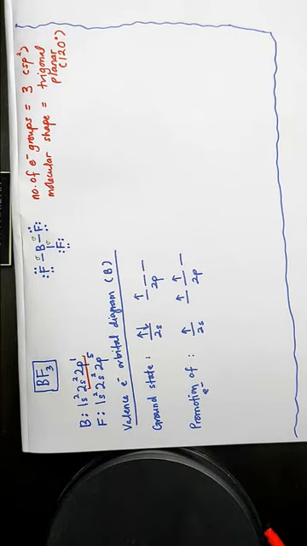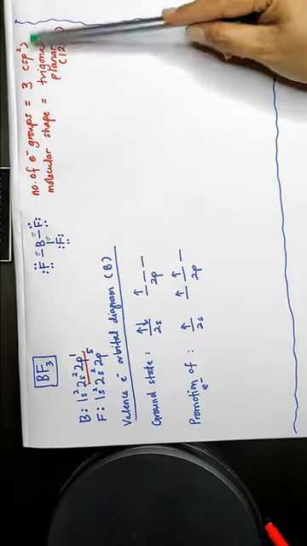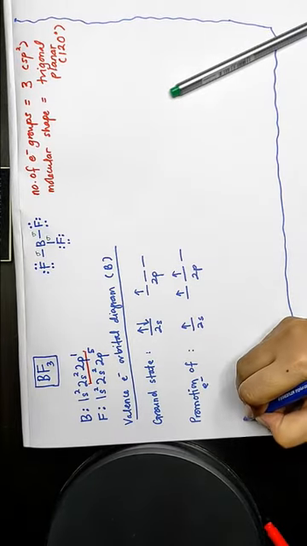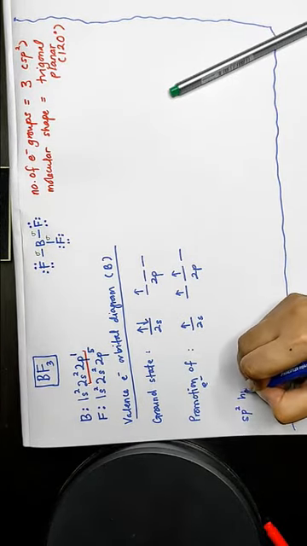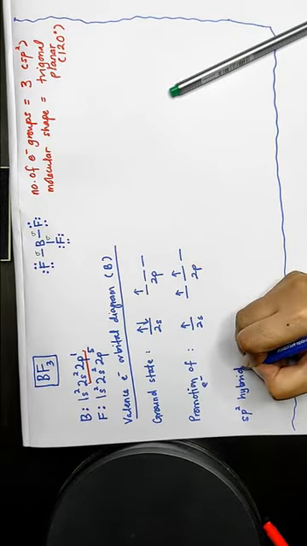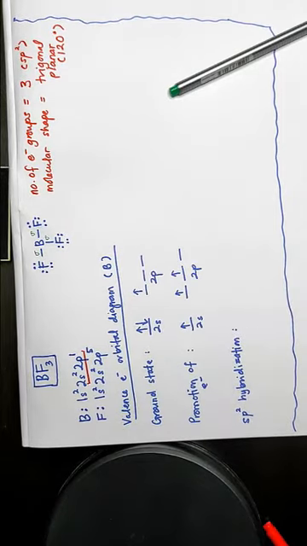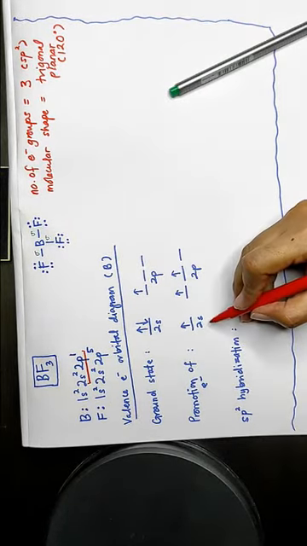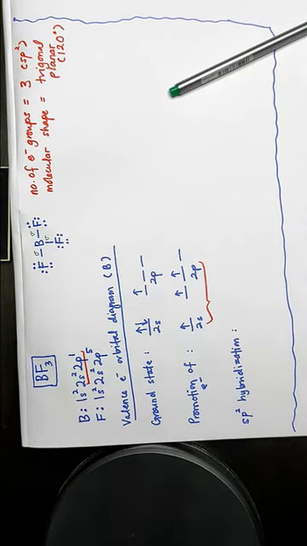Before the covalent bond is formed, boron must undergo sp2 hybridization. So the next step is the hybridization process. So what happened? One 2s orbital mixed with two 2p orbitals of boron.